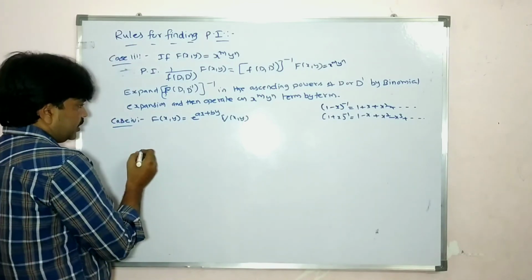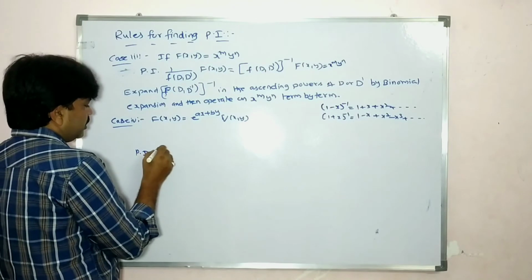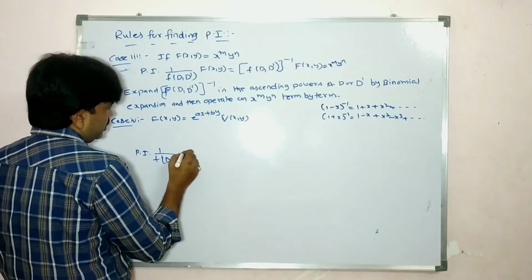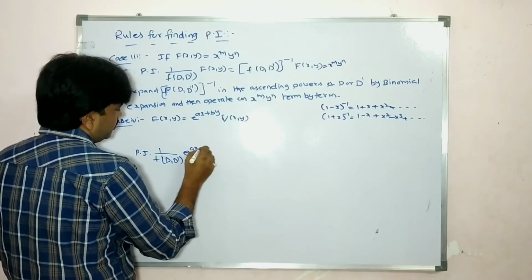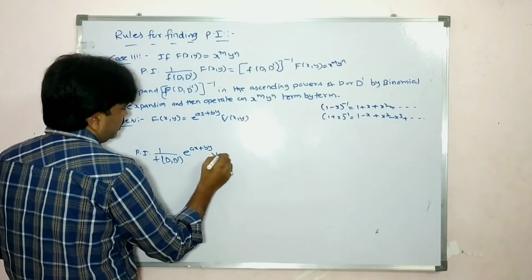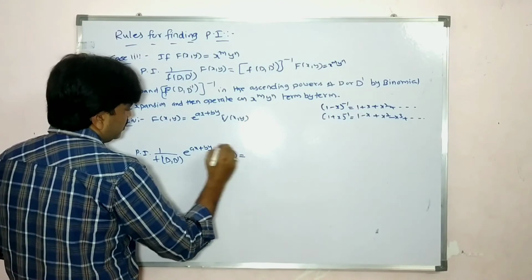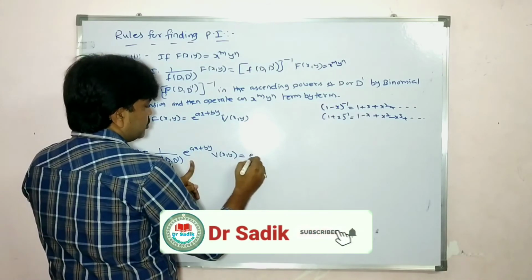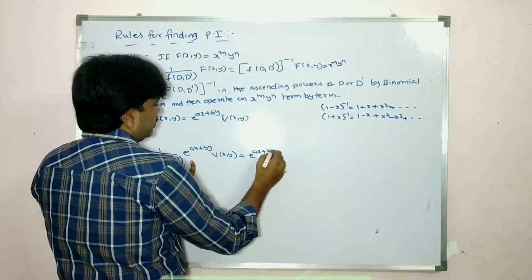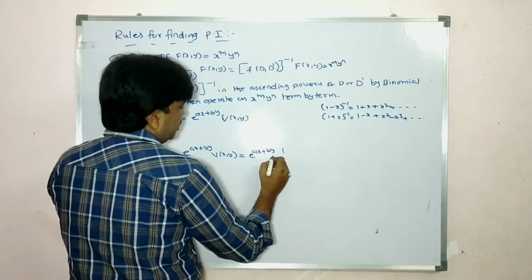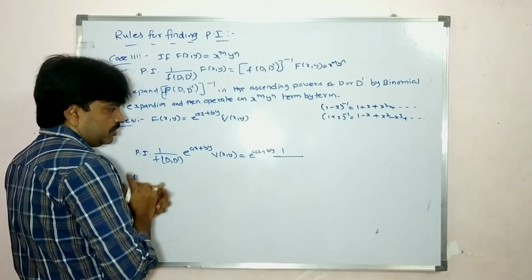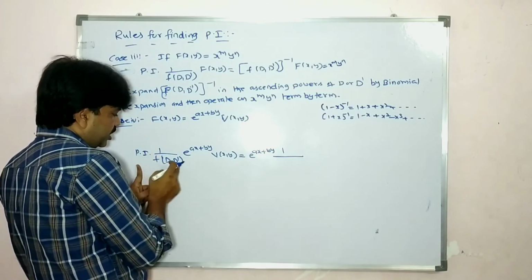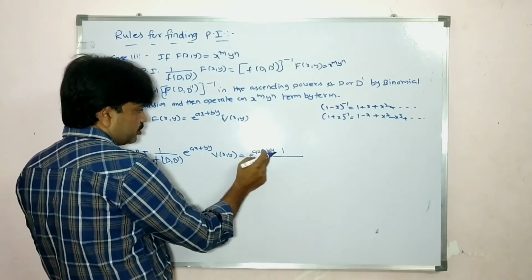Now the particular integral 1 by f of D, D dash into e power (ax plus by) into V of x, y is equal to, now you write here e power (ax plus by) on the left-hand side, and then you write 1 by f of D, D dash, that means you get e power (ax plus by).